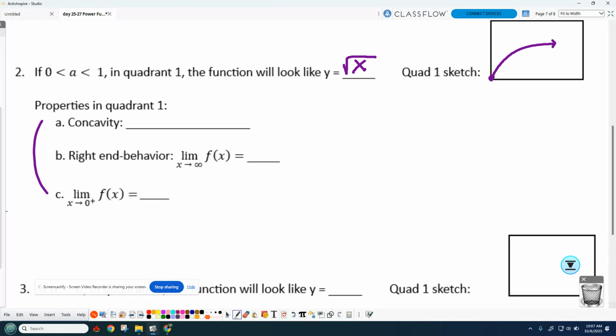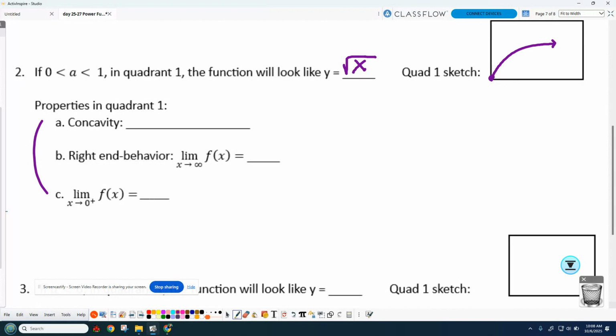Questions? So that comes up. When the exponent is bigger than 1, it's going to look like x squared. This one, wouldn't it just be square root? We're on number 2.